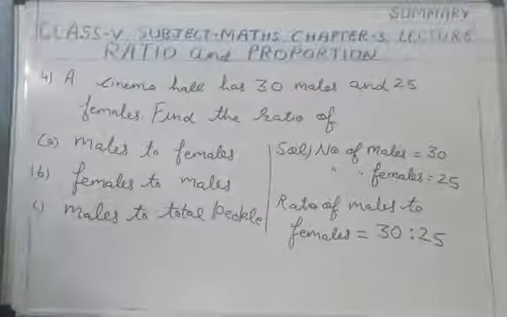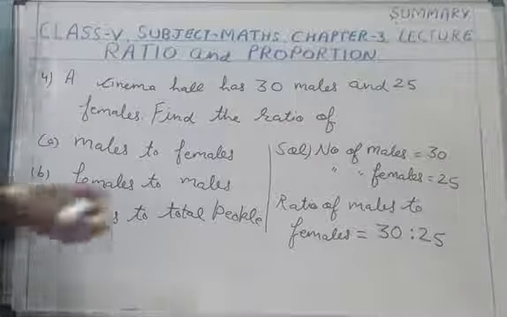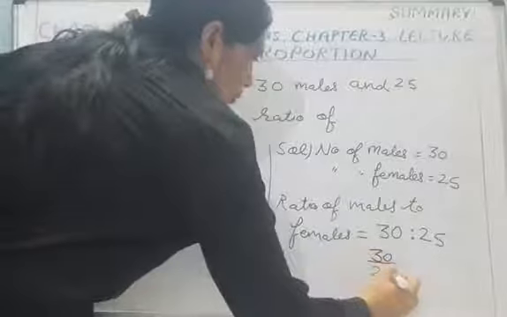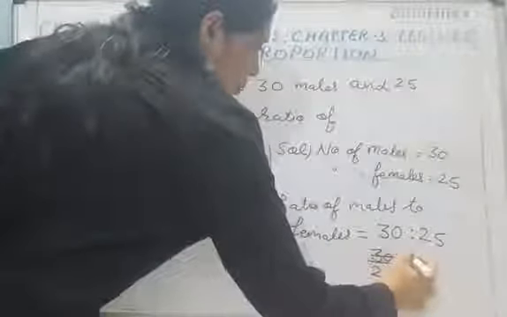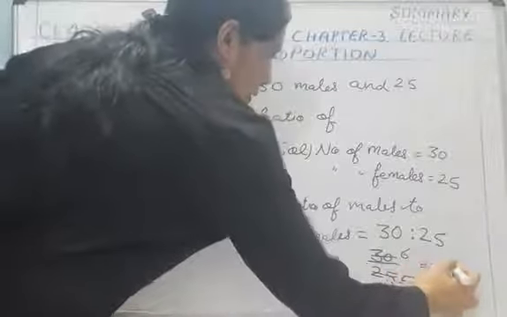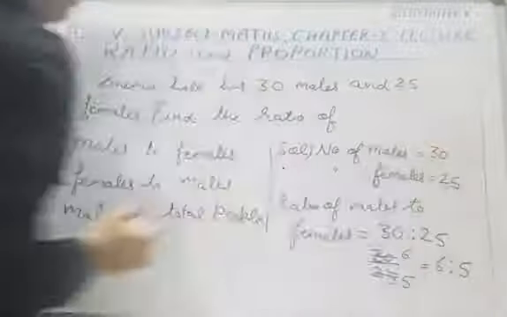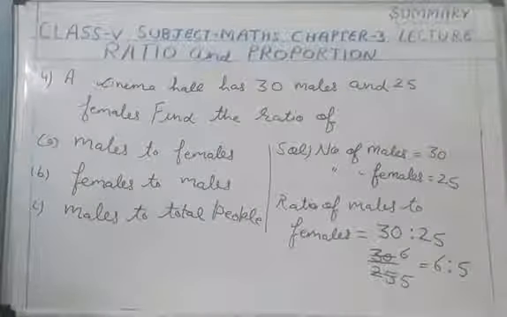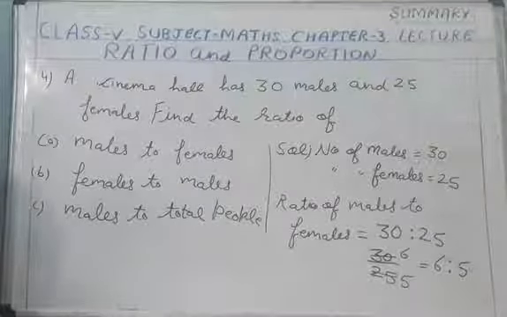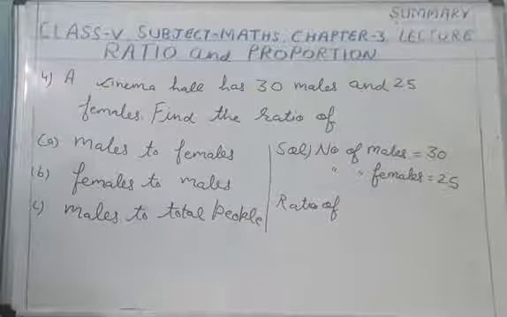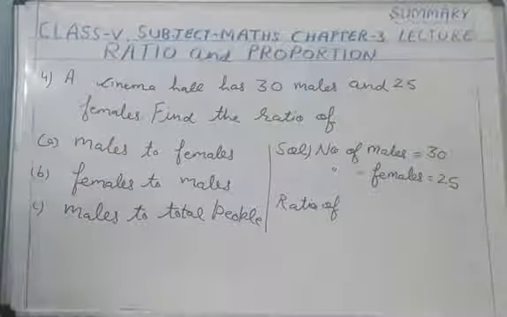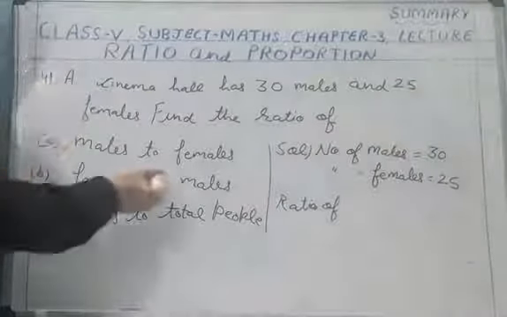So the ratio of males to females is 30 ratio 25. You know that we can convert it into lowest form, so we will convert it. 5 6s are 30, 5 5s are 25. So it will become 6 ratio 5. If it is possible to convert it into simplest form, then you have to convert it. Now we will do our B part. Ratio of females to males.